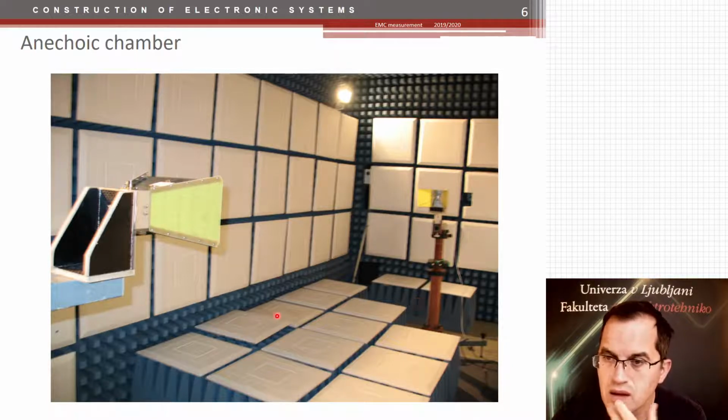And usually floors are then covered with absorbents that can be moved while the walls are fixed. And these white plates on the walls are just to protect the tips from getting mechanically damaged. So this is called an anechoic chamber, because all of the walls are absorptive.